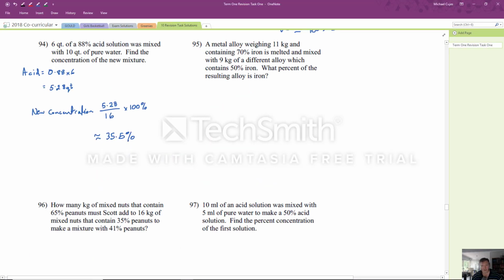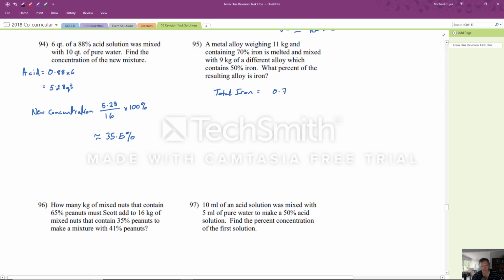Alright, a metal alloy weighing 11 kilograms containing 70% iron is mixed with another one, 9 kilograms, 50% iron. What is the resulting percentage of iron? So we need the total iron, and that's going to be pretty easy to find, isn't it?